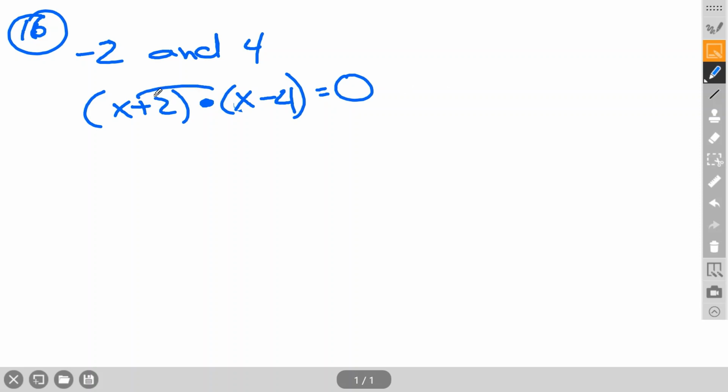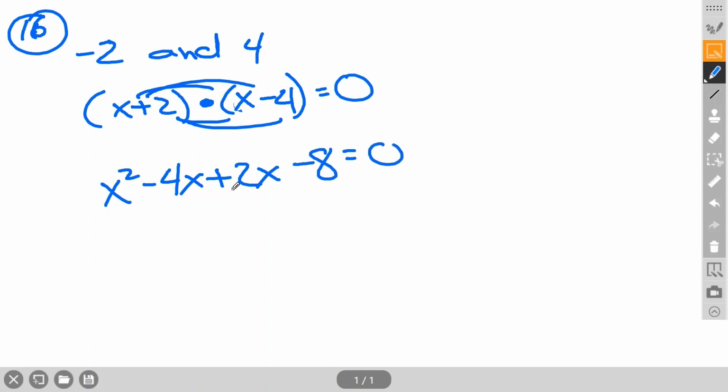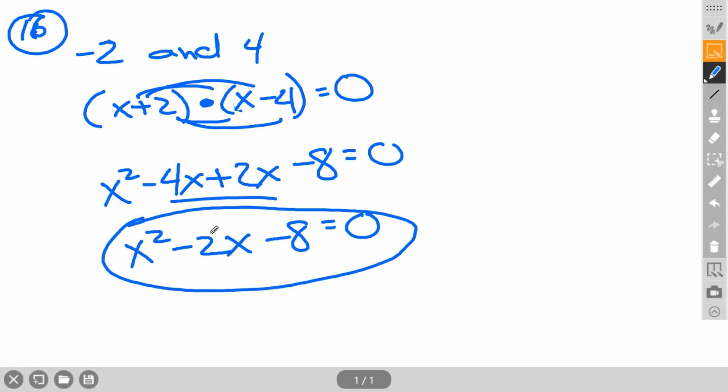I'm going to use the distributive property to put this into standard form. So x times x is x squared, x times negative 4 is negative 4x, 2 times x is 2x, and 2 times negative 4 is negative 8. Combine the like terms. x squared minus 2x minus 8 equals 0, and I have my equation in standard form that has the solutions negative 2 and 4.